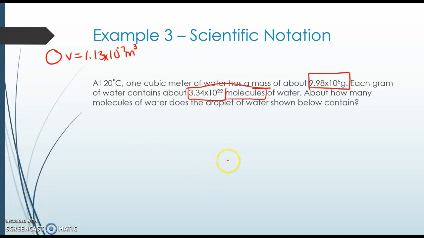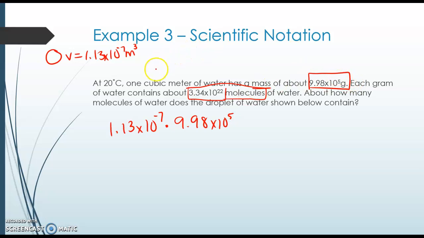All right, so this is saying that a cubic meter of water has a mass of about this many grams, so I can change my cubic meters of water to grams. So I'm going to take my 1.13 times 10 to the negative 7th. I'm going to take that times my 9.98 times 10 to the 5th.